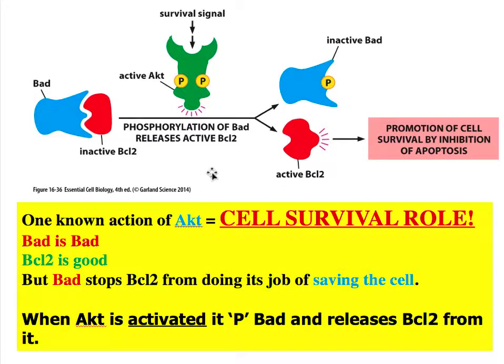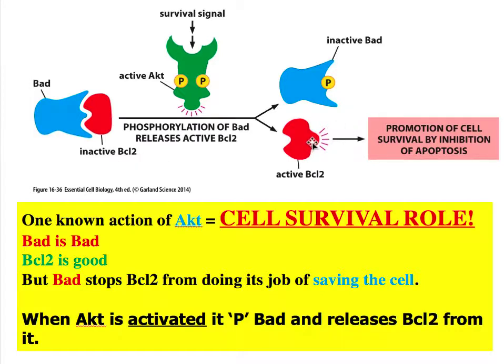So the survival signal that was received by the surface of the cell has now been conveyed through this process to AKT. AKT is a kinase, and one of its main targets is the protein BAD. Once BAD has been phosphorylated by AKT, it can no longer continue to bind to BCL2.